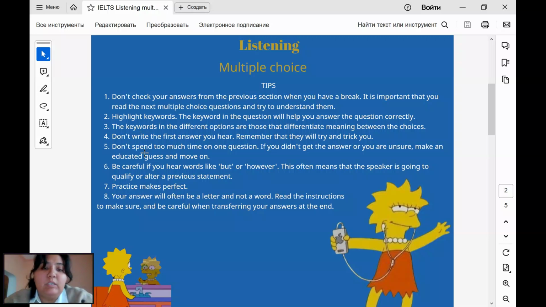Then, don't spend too much time on a question. The tape will go on and on. It will not wait until you finish with this question. So, if you see that you missed question 2, but right now the tape is talking about question 3 or 4, go to them. Do not lose your mind over question number 2 that you have missed.